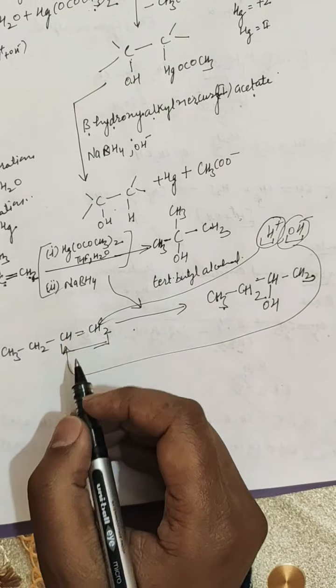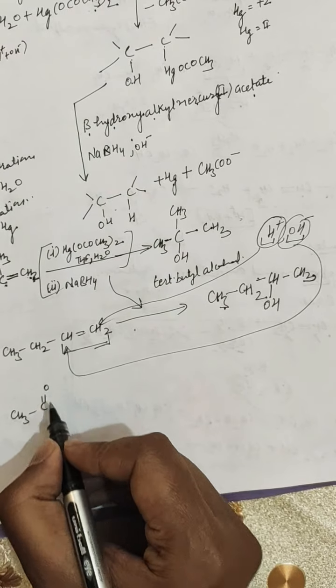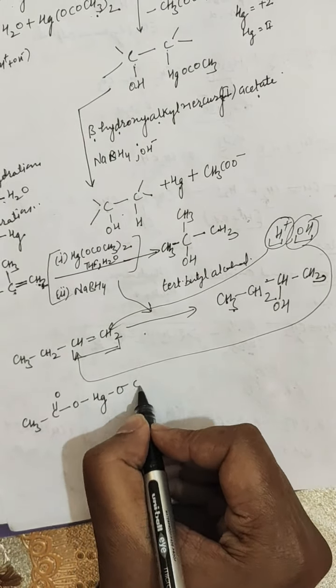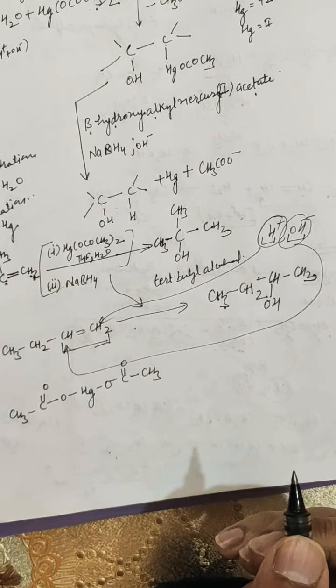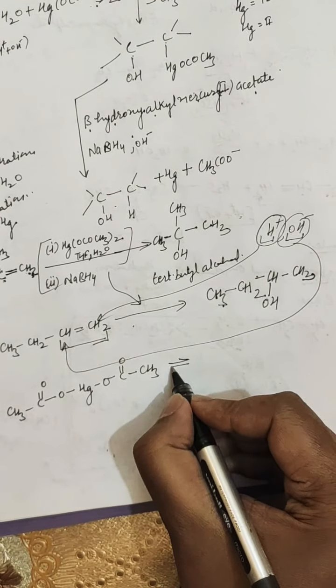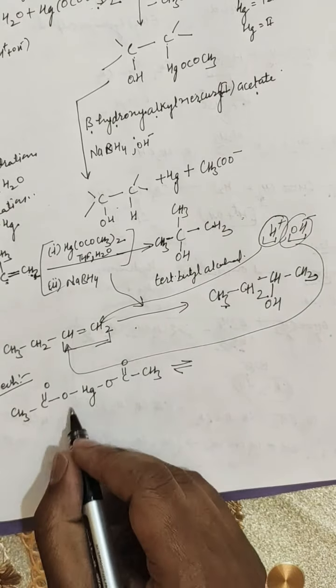So in the mechanism, at the first step, this mercuric acetate will undergo dissociation. So this is the mechanism of the above reaction.